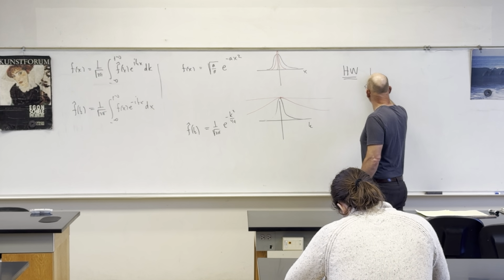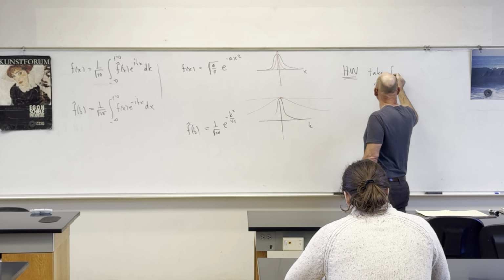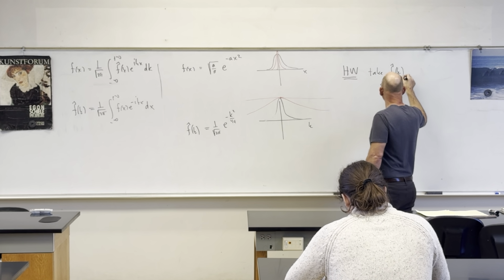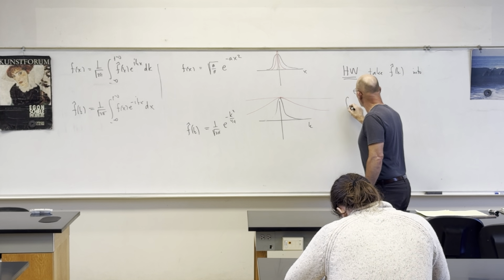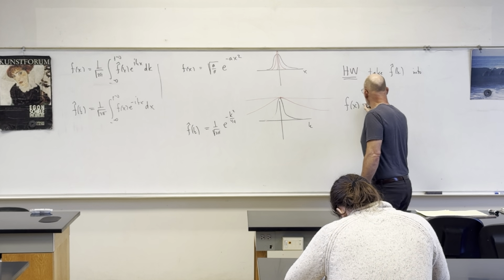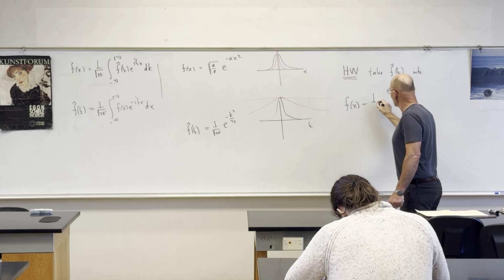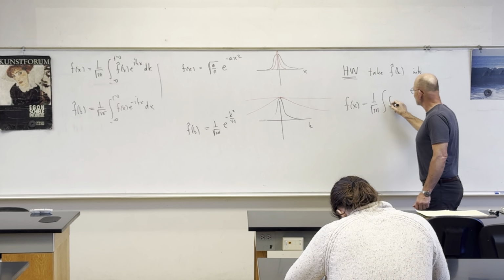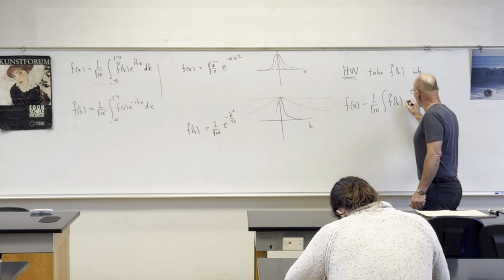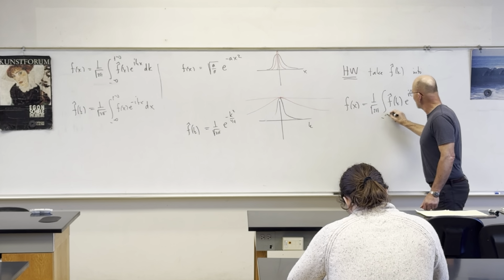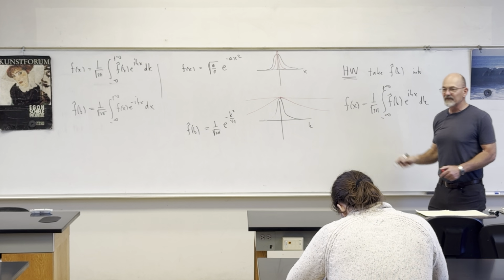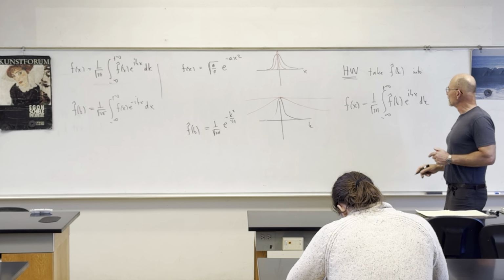So take f hat of k into f of x equals 1 over root 2 pi. So you take this into here, and you're integrating over k, and you basically do the exact same steps I did, completing the square.